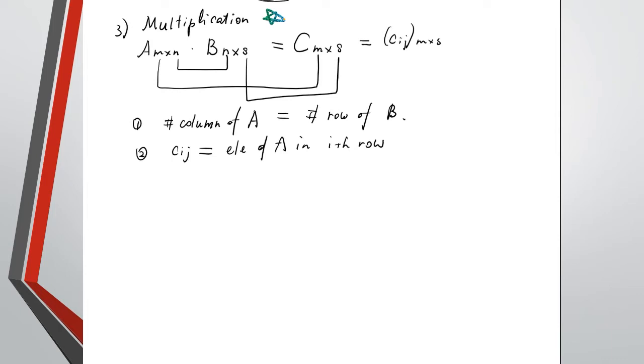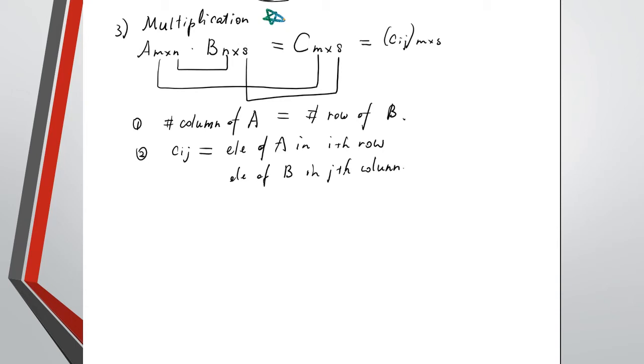Okay? And then we have the elements of B in the jth column to participate.